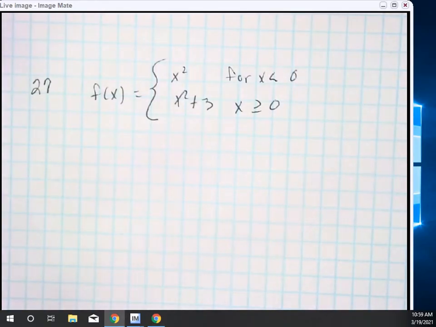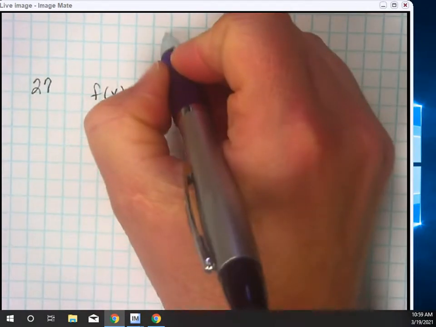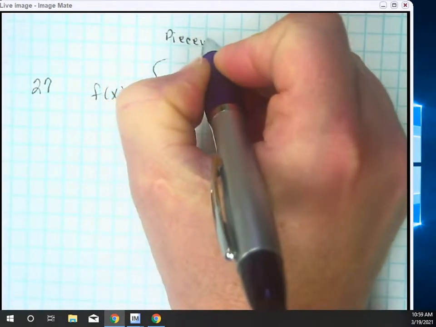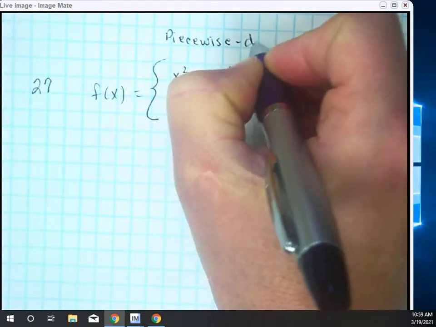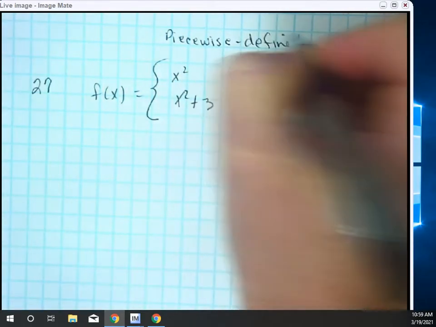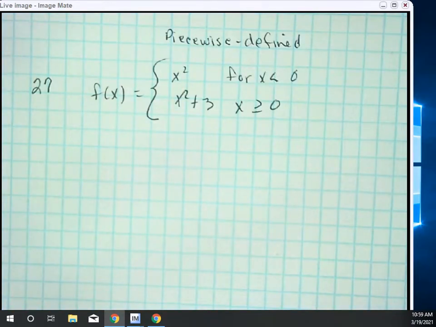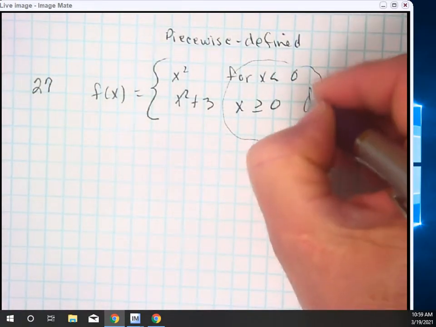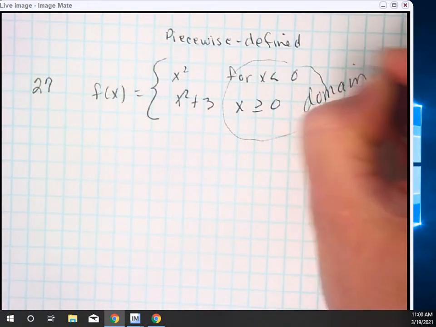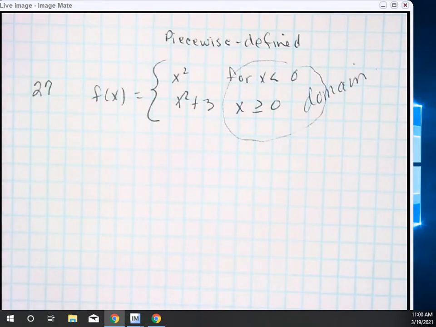When you are looking at a piecewise defined function, then you have two or more parts to the graph. Now, these x's greater than, those are the domain values, your input values, correct?